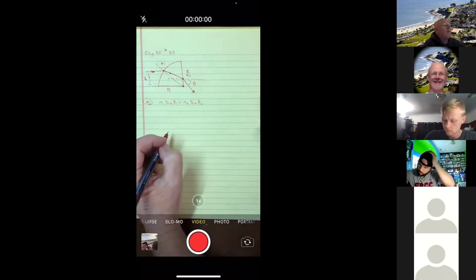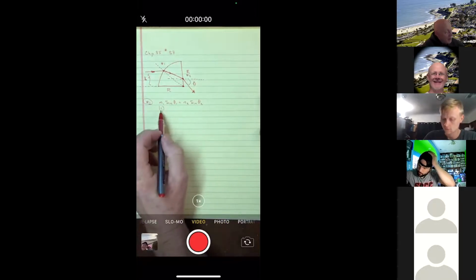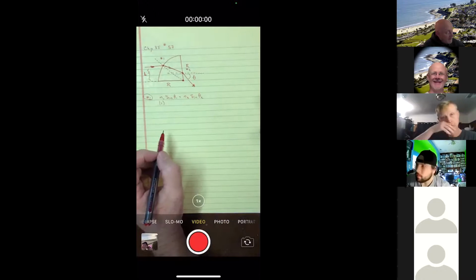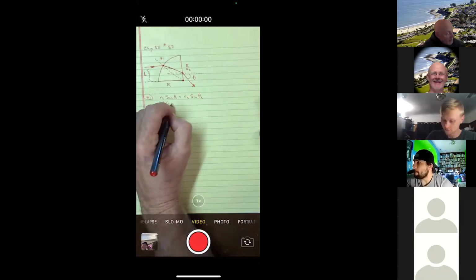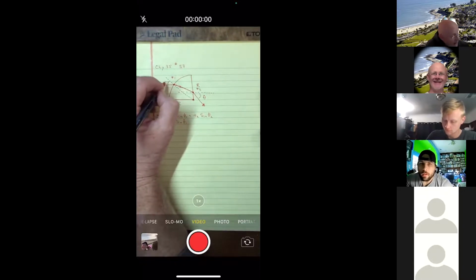Now, they did say it was surrounded by a vacuum, so I can put a 1 here for n1 as it comes into surface number 1. And then I have this angle theta 1, which I'll put in my diagram right here.